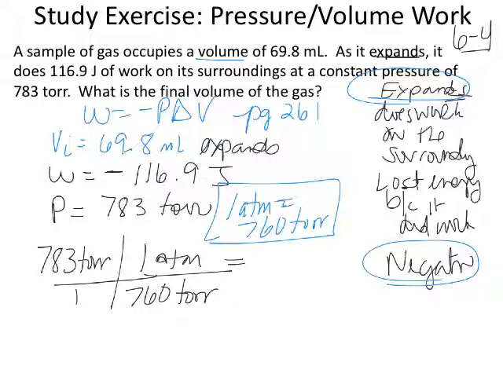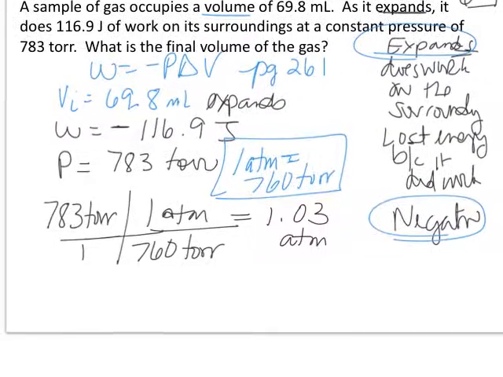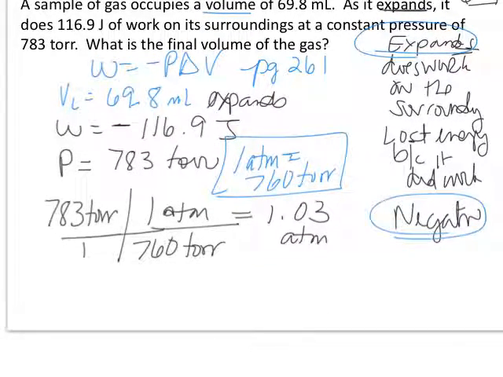And that works out to be 1.03 atmosphere. So in order to do this equation, you also need to memorize 101.3 joules equals 1 liter times atmosphere.